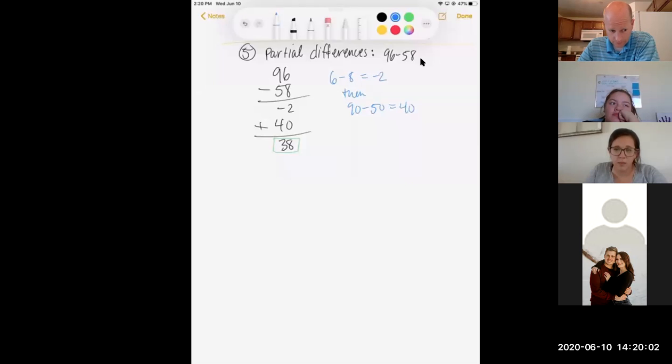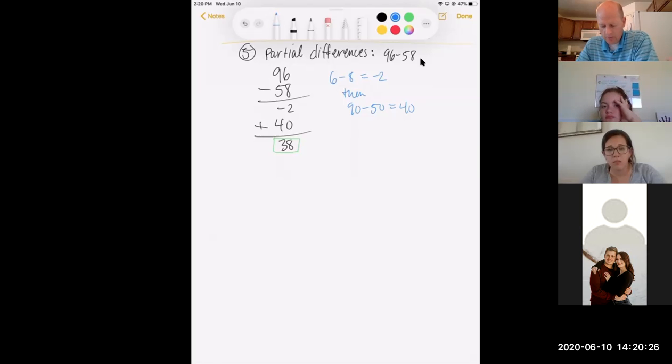With them not understanding, would it be easier to show them the partial difference with the negative 2 on the number line? Well, on the number line, you'll want to start with 96 and then go backwards from there. The number line is a model that wouldn't really show up in the partial differences.